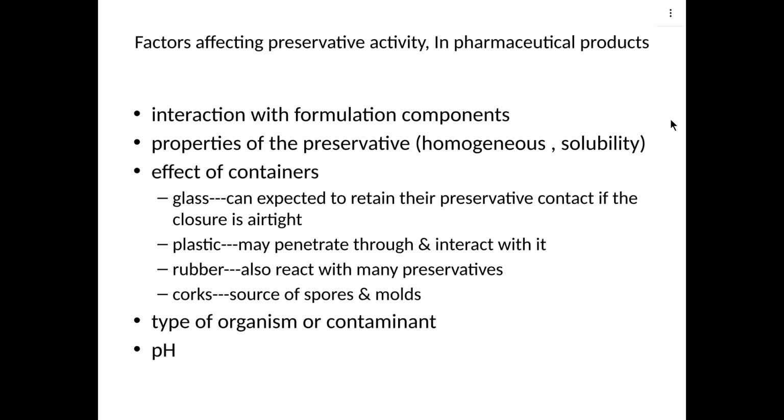We have pH. These are factors that will affect preservative activity. What are we saying? If you have a product and you add a preservative to it, you expect that the preservative will stop the growth of microorganisms. Now, what we are asking is, if it is not able to stop the growth of these microorganisms, what could be the reason?